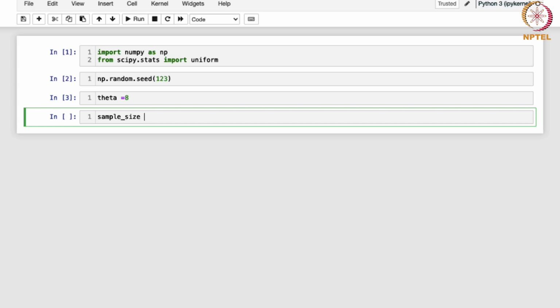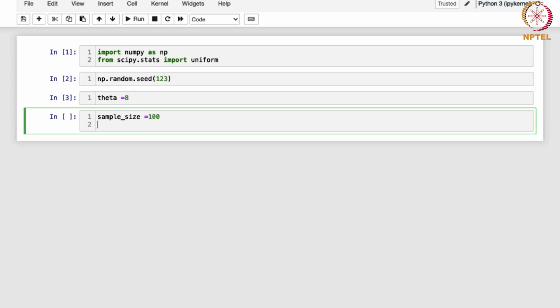Let us specify this as 100, and now we will use this sample to store the random variables that would be generated using this. So location is 0 because we are generating the sample from uniform 0 8. So loc would be 0, scale in this case would be 8, and the size would be the sample size that we have already defined.